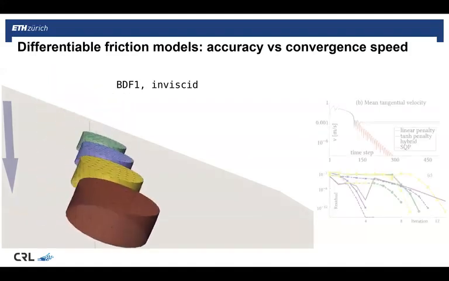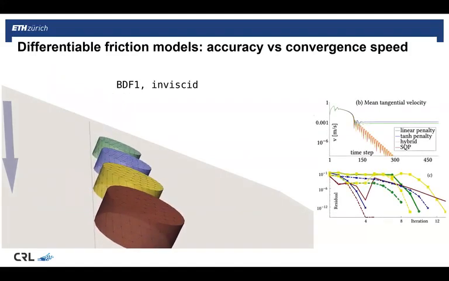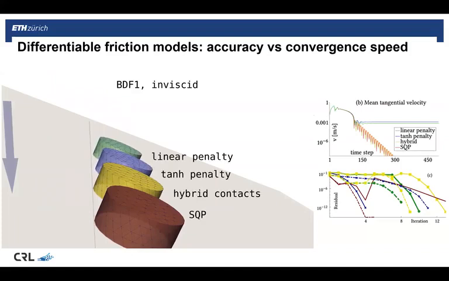And what we are seeing here is the same squishy object that is dropped on an inclined plane. And we can use a state-of-the-art formulation of contact with all hard constraints versus some of the smooth approximations that I talked to you about. And it turns out that they behave in a qualitatively similar manner.